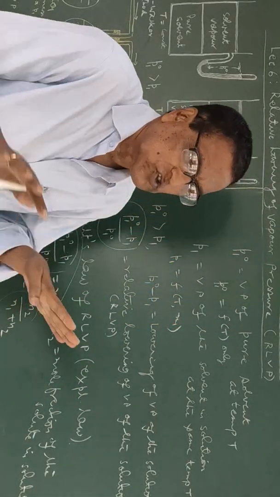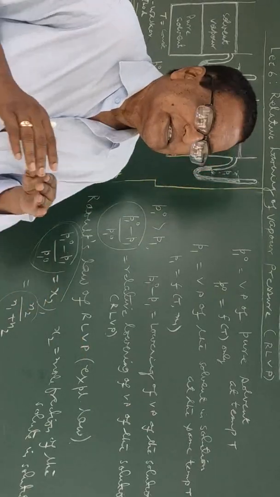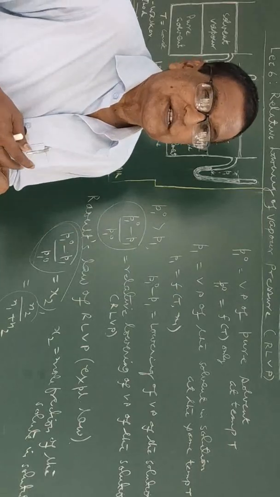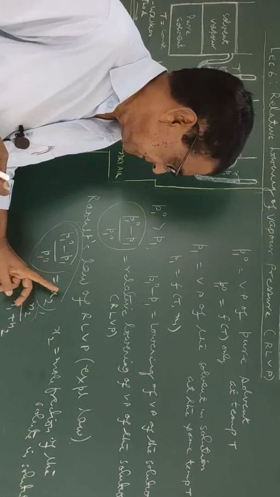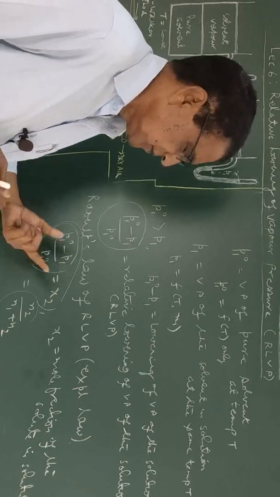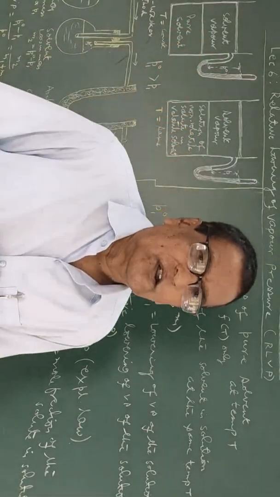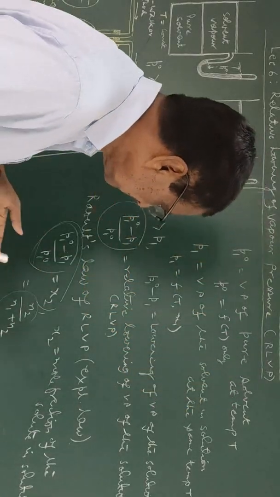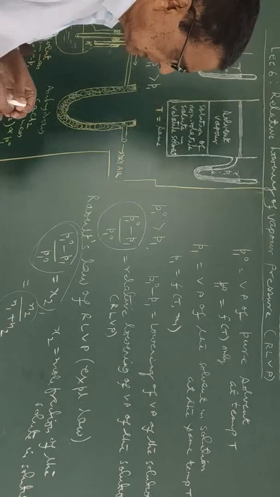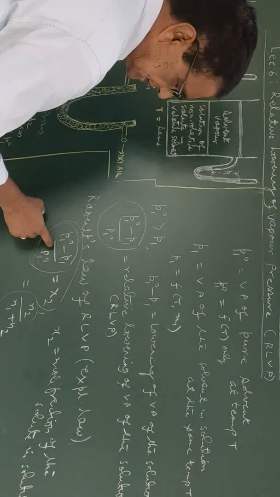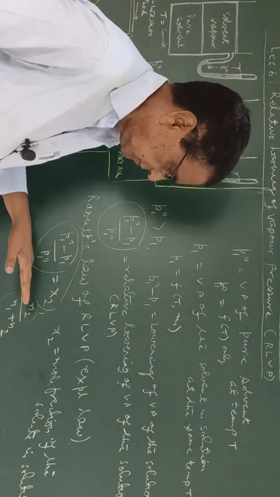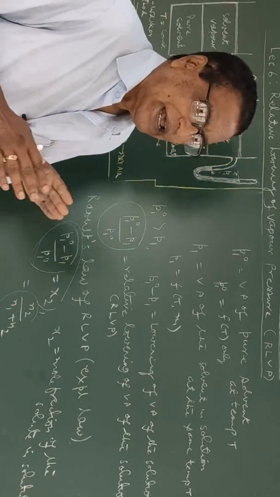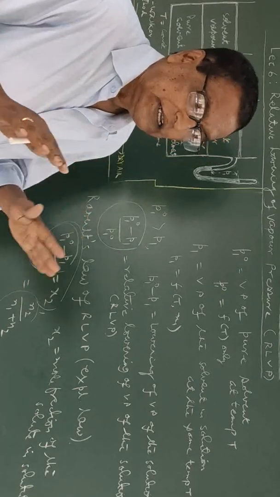If we take different solutions of the same mole fractions, say sugar, urea, glucose solutions having the same mole fraction, then the RLVP will be the same, and does not depend on the characteristic properties of these molecules or particles. So it is valid for ideally dilute solutions, and the solute is non-volatile, and also in this case non-electrolyte.